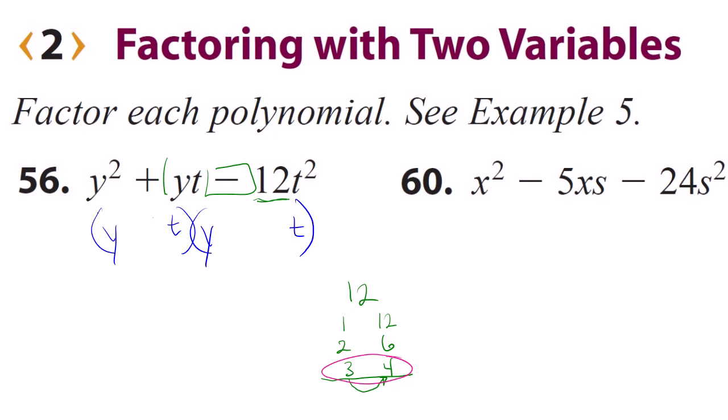So I can put a 3 and a 4 in there in front of the t's. I can see 3t times 4t is going to be 12t squared. That's good, but I need a negative 12t squared. And remember, this is the sign of the bigger number, so that's going to be a positive. I'm going to put a positive in front of the 4. Then to get a negative here, our signs have to be different, so the 3 has to be different from positive.